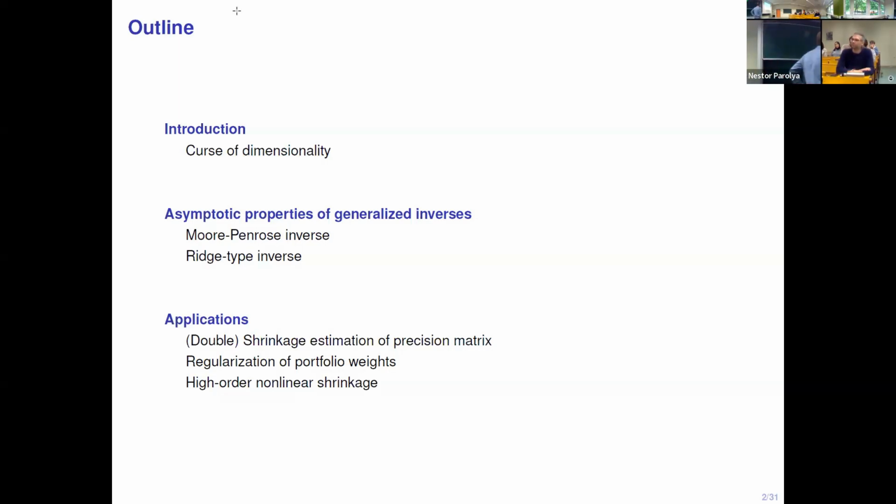But I think those two are most important. And applications of those results I will show you in shrinkage estimation of the precision matrix, in portfolio theory, regularization, for example, and high order nonlinear shrinkage. So potentially, I will show you that you can actually estimate the nonlinear shrinkage estimator or construct the bona fide nonlinear shrinkage estimator with this methodology.